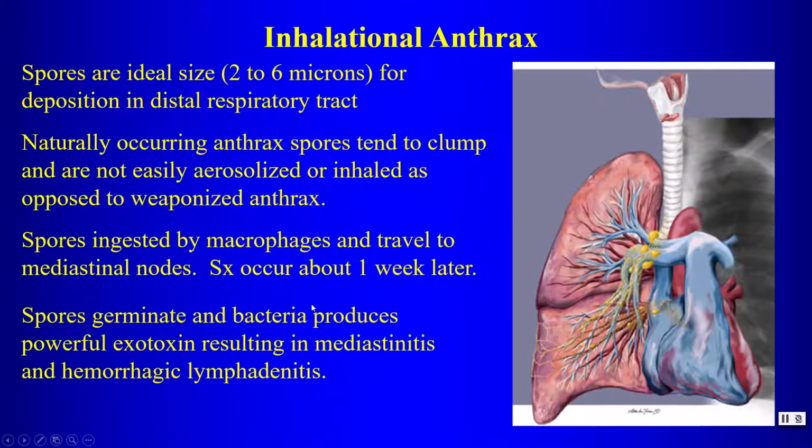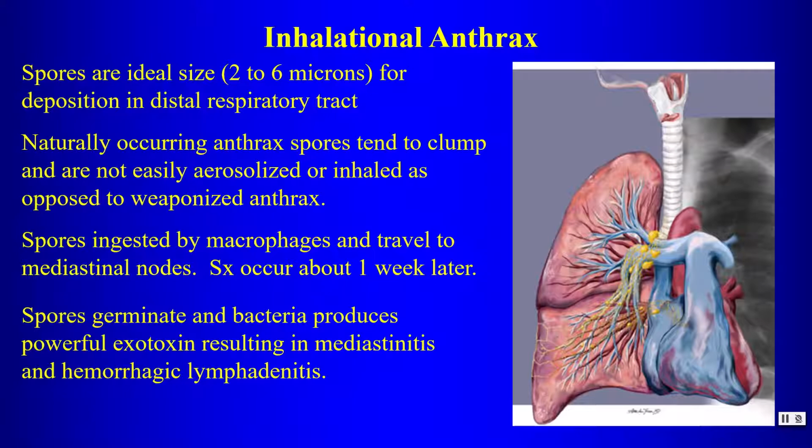But with weaponized anthrax, the type that has been associated with terrorism, the particles are smaller, and they are less clumped, which allows them to deposit in the respiratory tree. So the spores are inhaled and ingested by macrophages, and the macrophages then take them to the lymph nodes. Hence, we get these reactions of lymph nodes in the mediastinum and the hilum.